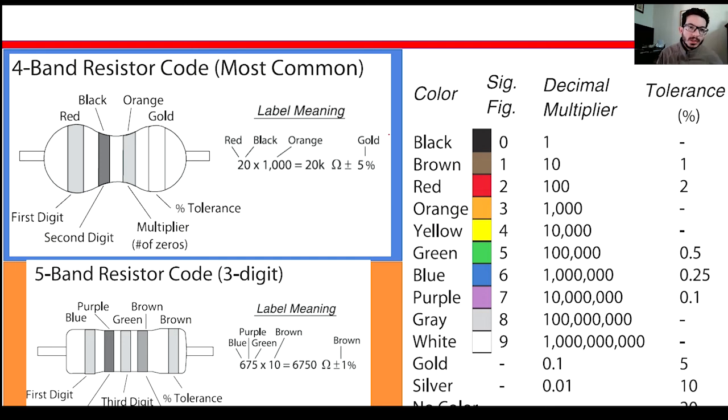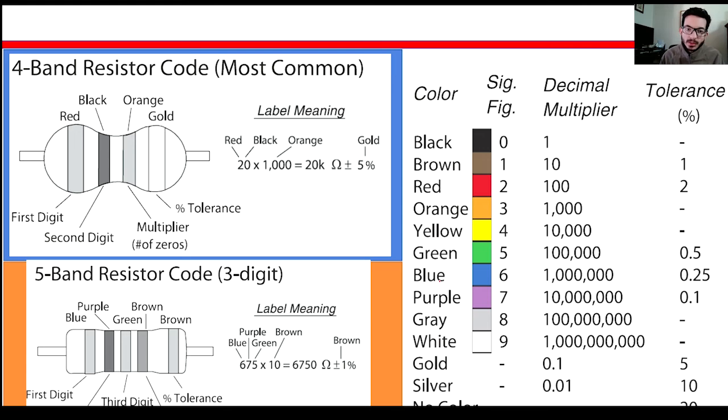Okay, we also talked about the resistor code. One of the goals is to learn to read the resistor code. And there's a table that is standardized. This is always going to be like this. And the colors are black, brown, red, orange, yellow, green, blue, purple, gray, white.